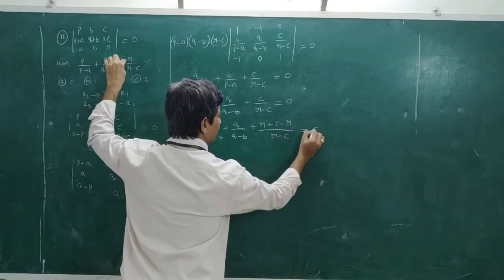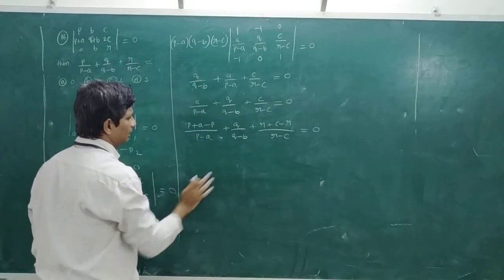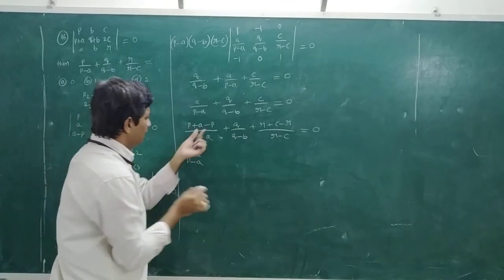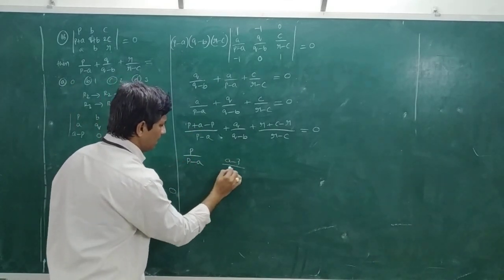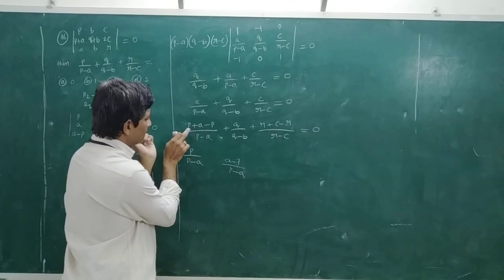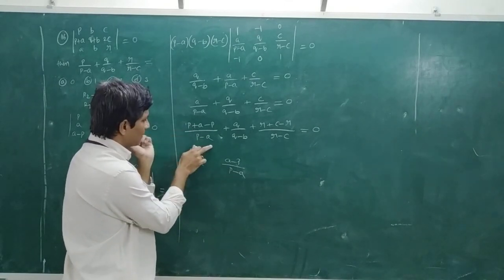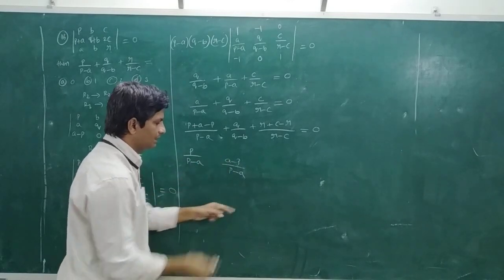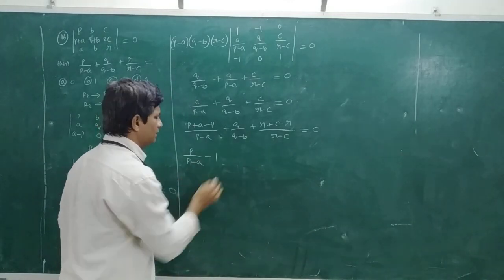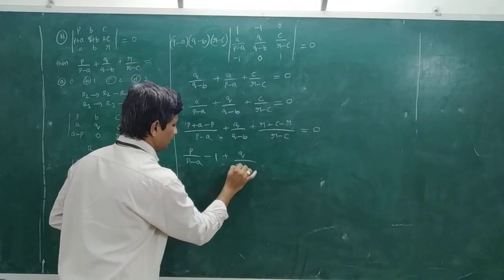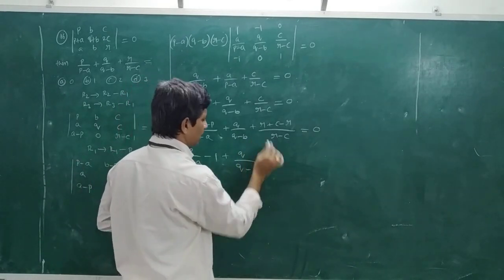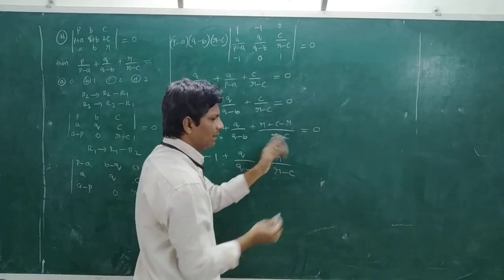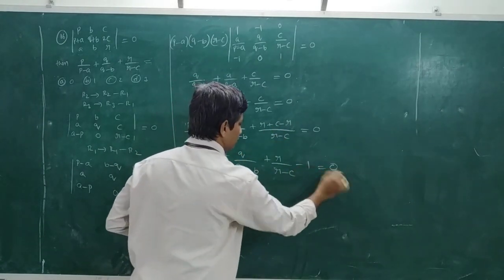Okay. Now see, split here. This is P by P minus A. Next one, A minus P by P minus A. Is it right or not? Split the fraction up here: P by P minus A plus A minus P by P minus A. What is this value? If you take minus 1, it gets cancelled. So this is P by P minus A minus 1. Keep the second term as it is. Here also split: R by R minus C, C minus R by R minus C. Take minus 1, you get minus 1, equal to 0.